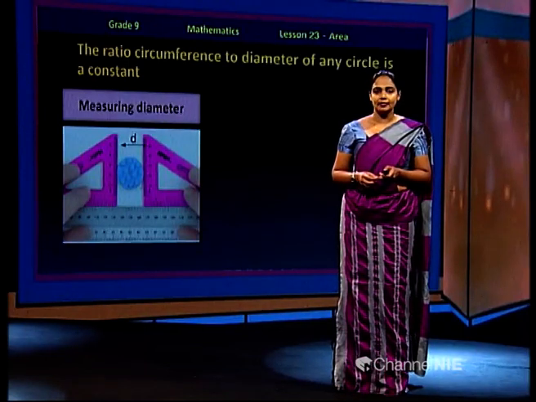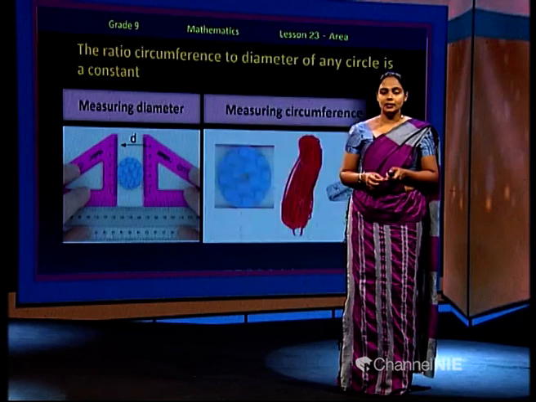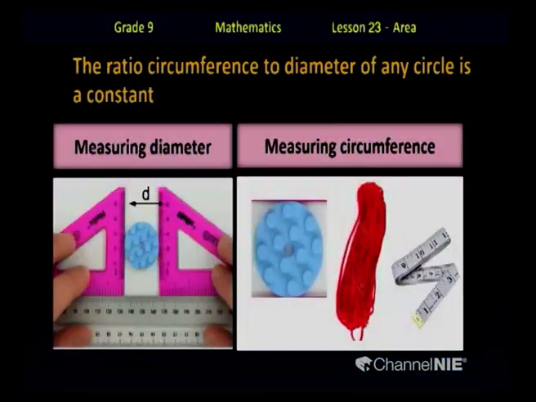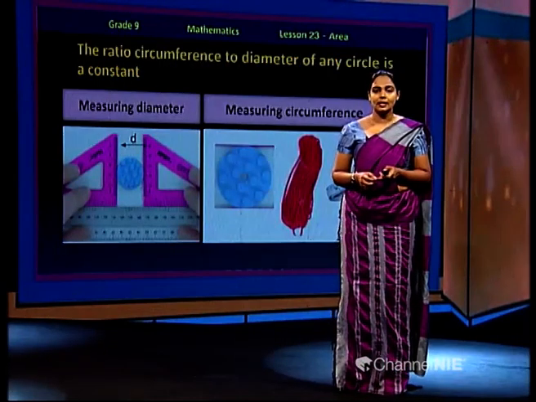Then you have diameter. And how you can get the circumference? It is not easy to measure using ruler. But you can use a cord and also you can use a measuring tape. Then go around the circular object and get the measurement. Then you can know circumference.